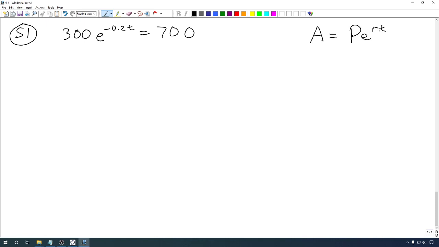Maybe we knew what the rate was, and we know the principal and the amount. And well, we know the principal is 300. Our rate was negative. Well, probably that doesn't really apply here because a negative rate would be kind of weird. But maybe you get the idea.